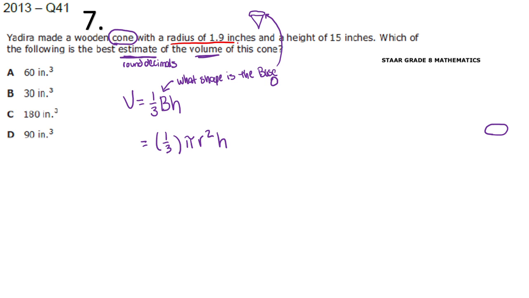So hey, they made that easy on us. We don't have to figure that out. So it's 1/3. We plug in 3.14 for pi, and we plug in 1.9 squared for the radius. Finally, if we keep reading, it has a height of 15.